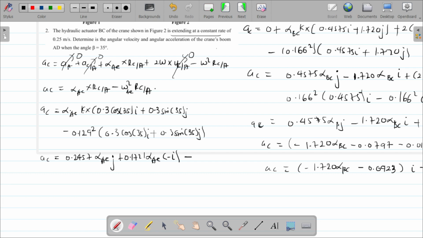Then we have minus 0.129 squared times 0.3 cos 35, which is 0.2457.